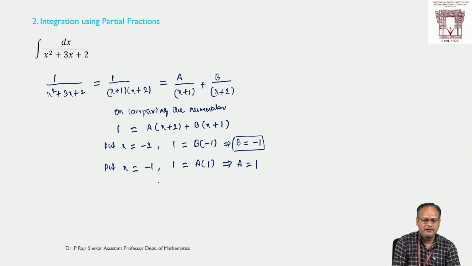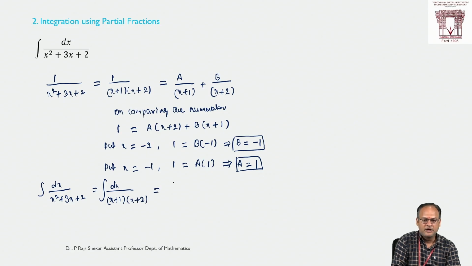Now it is to substitute the A and B values and integrate. So the integration of dx divided by x square plus 3x plus 2, initially we have written it as dx divided by x plus 1 into x plus 2, as the linear factors.